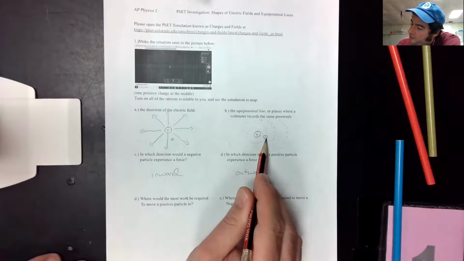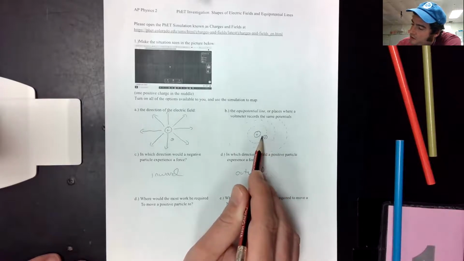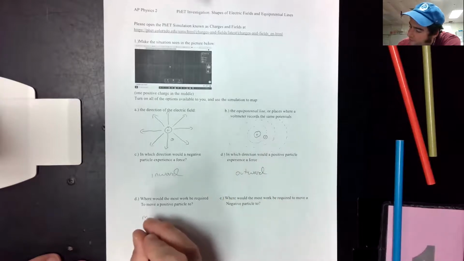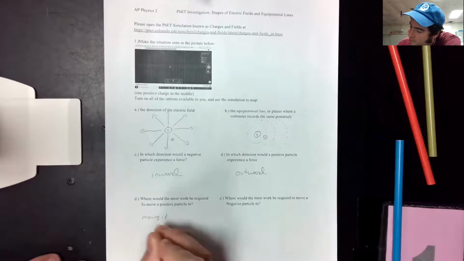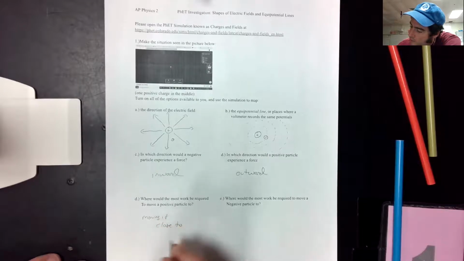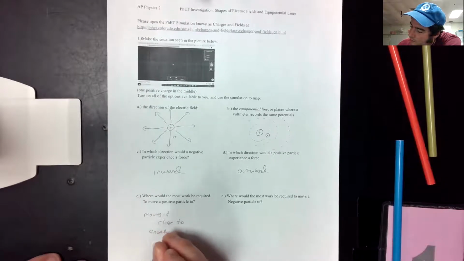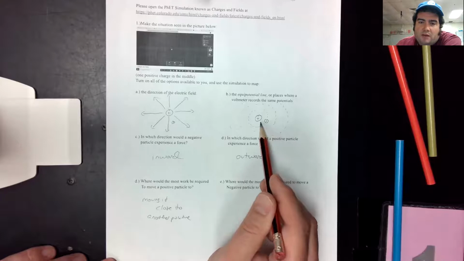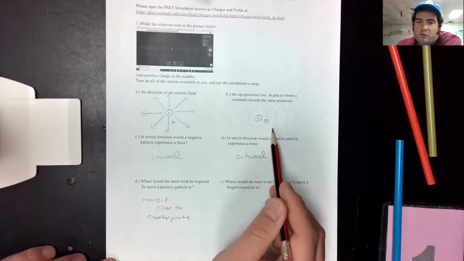Bringing a positive particle to potentials that are closer and closer to the positive would require the most work. And a negative particle would have the lowest potential energy when it's closest to the positive, so it would require more work to bring it away.